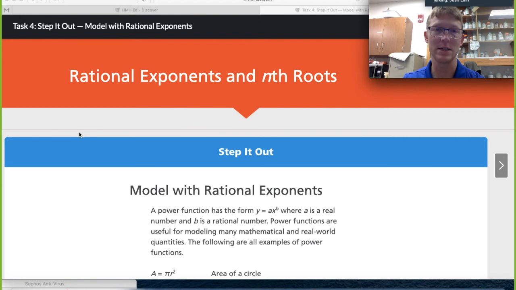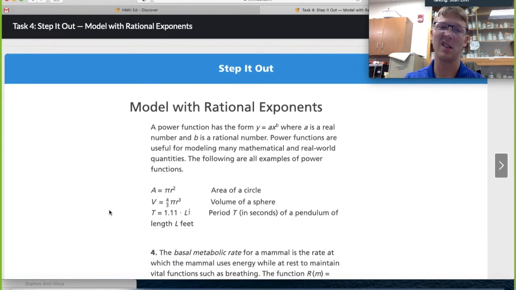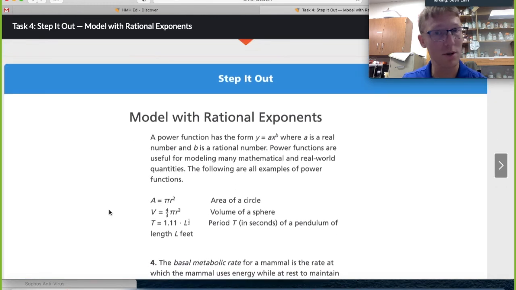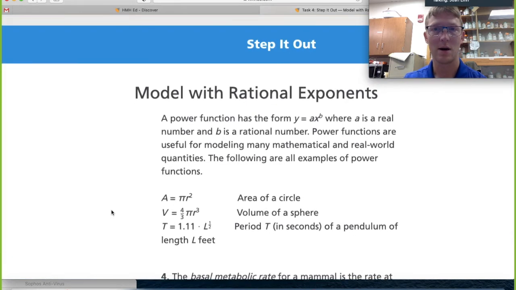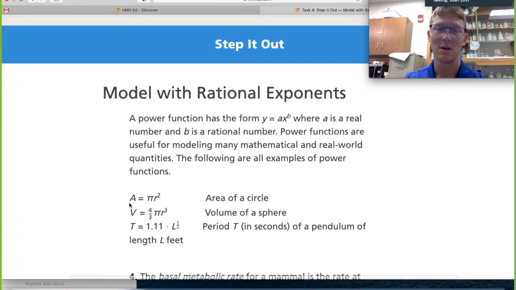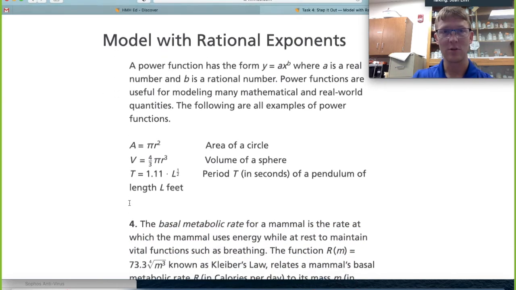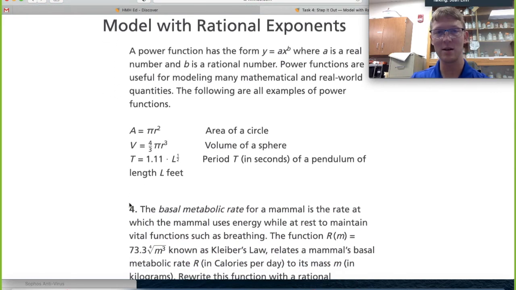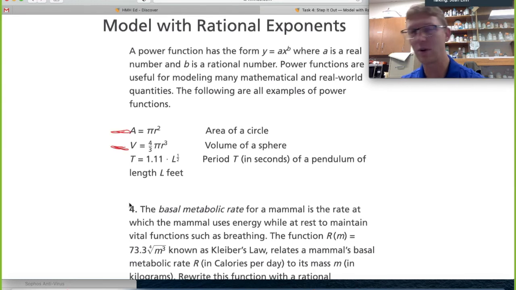It's not a good day unless we have real-world examples, right? So if we look at some of the equations that we've actually already used a little bit, you'll see powers in a lot of different formulas. Some things that we've already seen: area, volume, so that's volume of the sphere, volume of a cube, all those things.